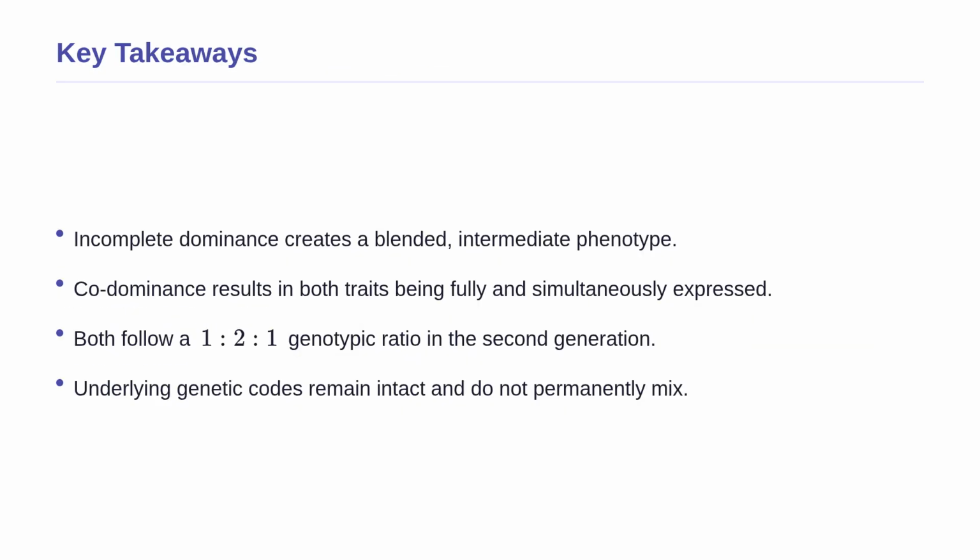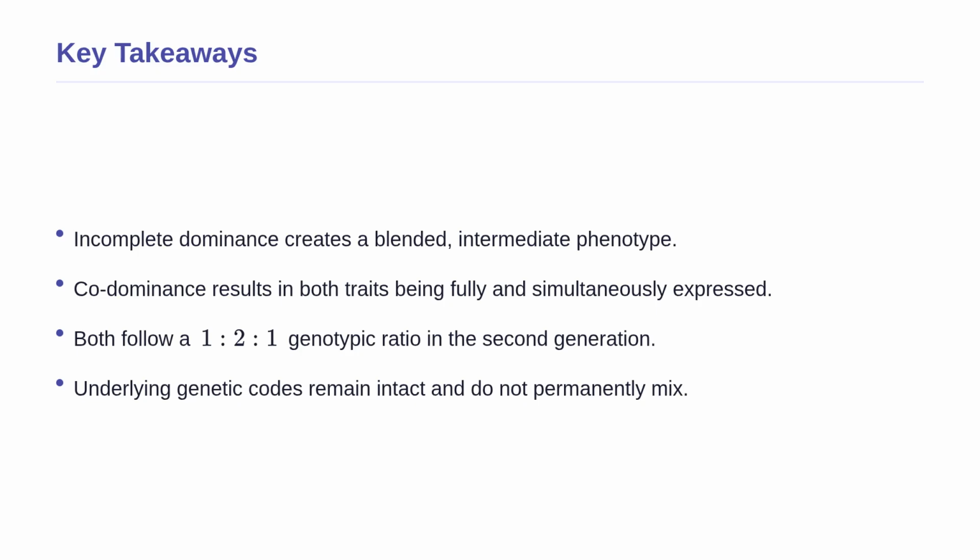We have covered a lot of ground today, so let us summarize the most important ideas. First, incomplete dominance is like mixing paint. It creates a blended, intermediate physical appearance where neither allele completely wins. Second, codominance is like a tie game where both teams get a trophy.